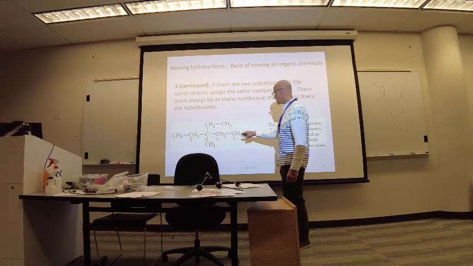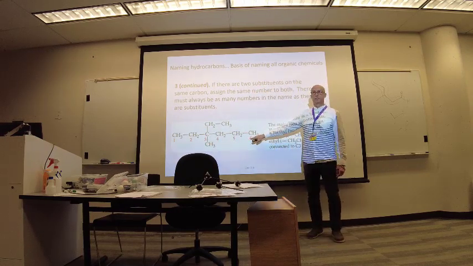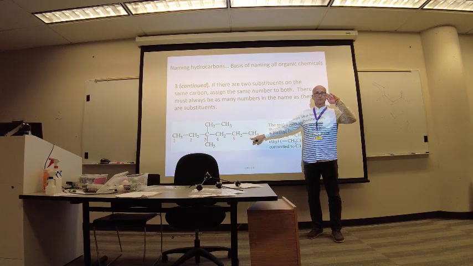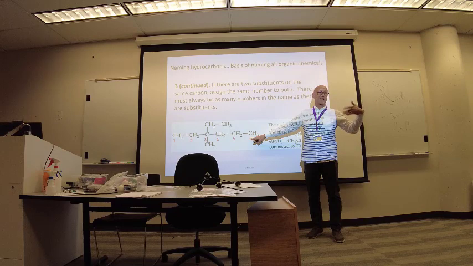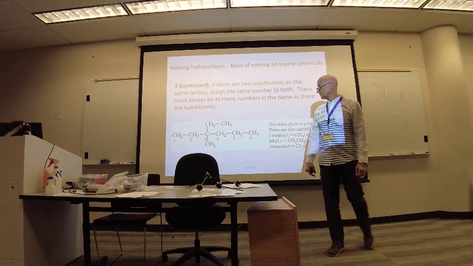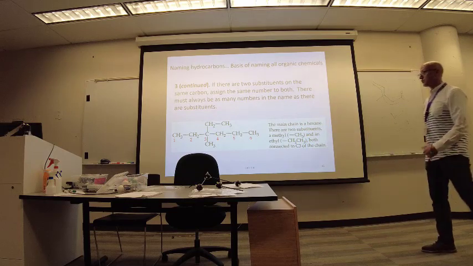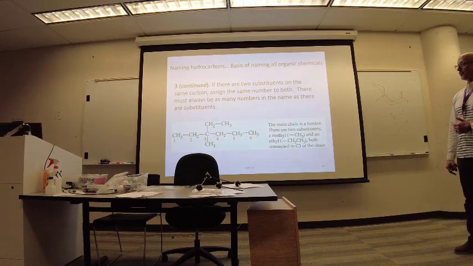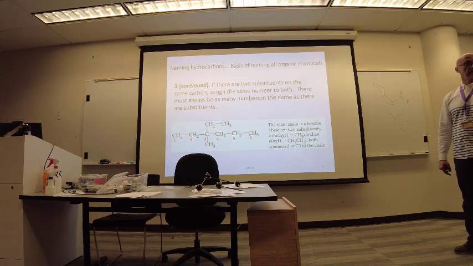But the parent is, anybody out loud? Hexane. It's all single bonded, so it's hexane. And so what we do is we throw in there 3-methyl, 3-ethyl, hexane. That's the name of this thing.